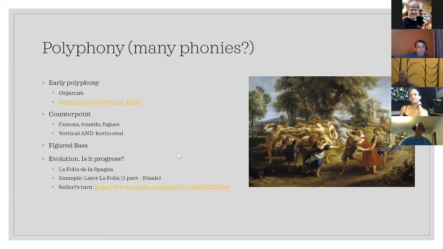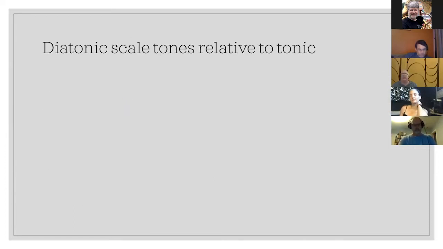One of the first things that I know I want to do is to go through one more time the names of the degrees of the diatonic scale. We didn't actually give them names before.